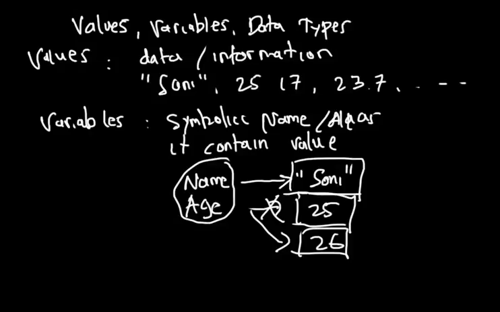This is how variables work. It can refer to different values, but a value, for example 25, cannot be changed. It's just 25.